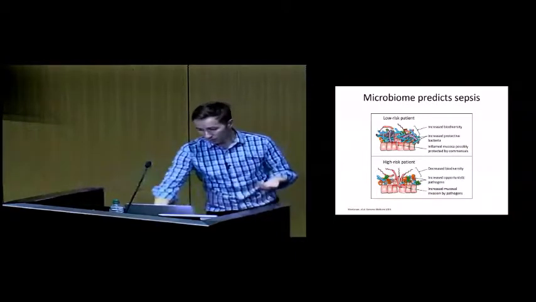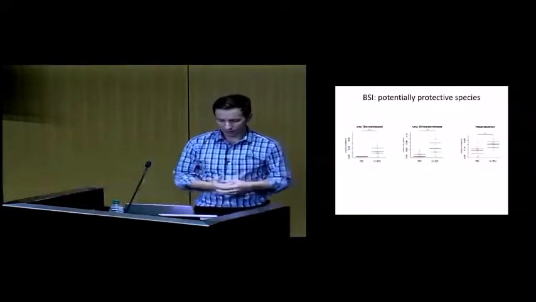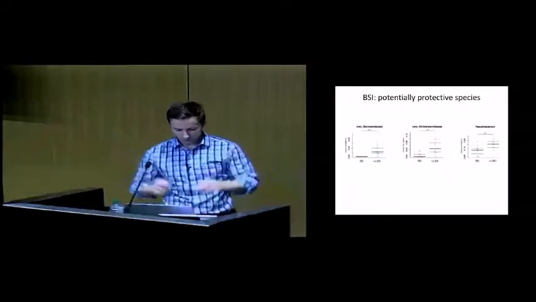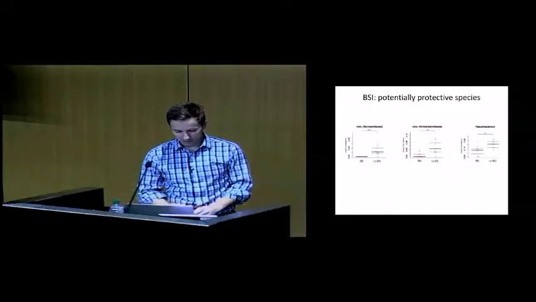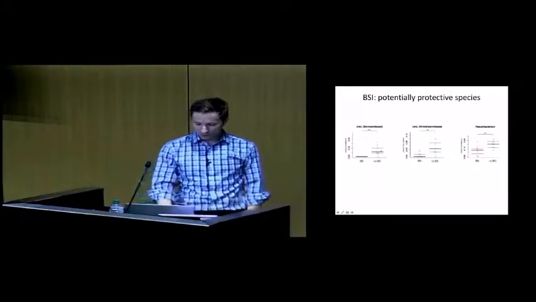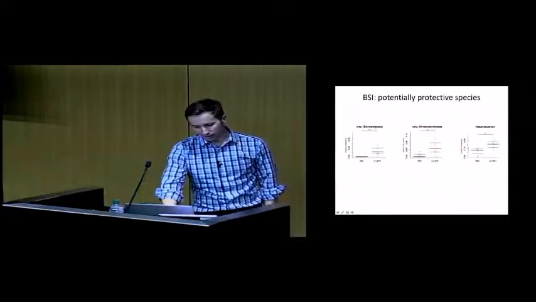And as I said, when we look under the hood at the microbes that are associated with protection, these tend to be good microbes from other studies. Barnesiella has been shown, so people who don't get an infection have much more Barnesiella or Barnesiellaceae.